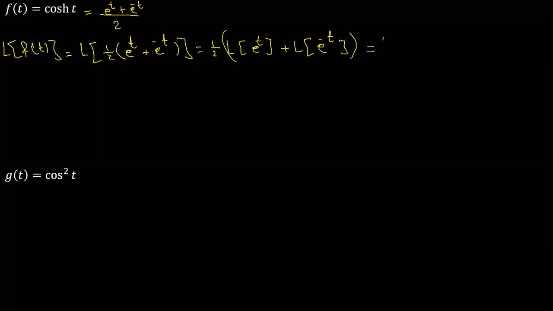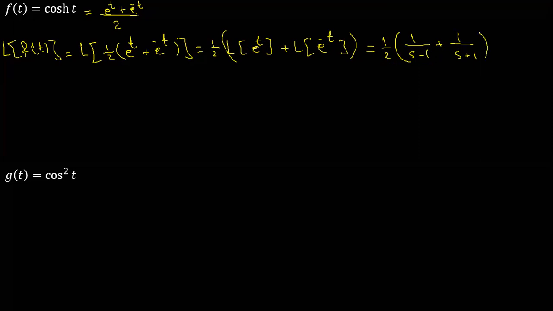The half is constant, don't worry about it. Do you remember the rule for the Laplace of e to the t? Or do you want me to go back? Please check: 1 over s minus 1. It's a rule. Plus 1 over s plus 1.